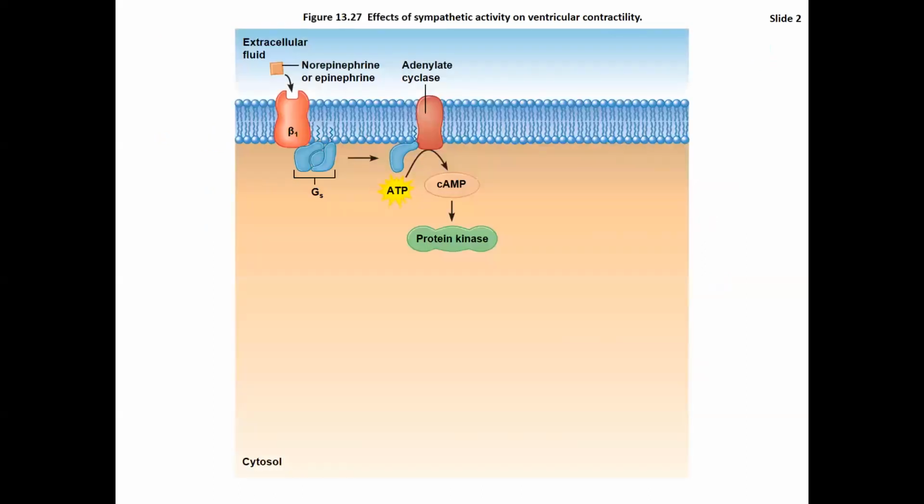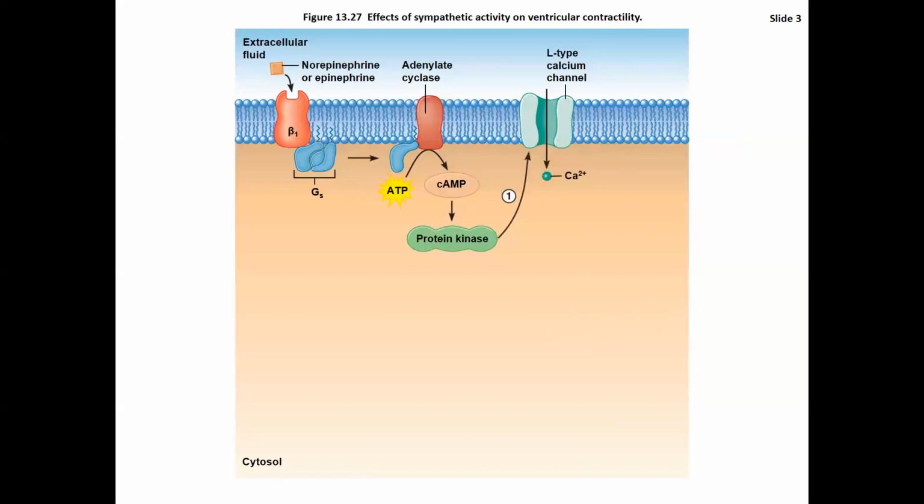So let's talk about those 4 mechanisms by which the ventricular contractile cell increases ventricular contractility. The first one is that protein kinase in this sequence of events is going to open up the L-type calcium channels, which are slow calcium channels. And that allows calcium to come in. More calcium means more cross-bridge cycling, which means more force.